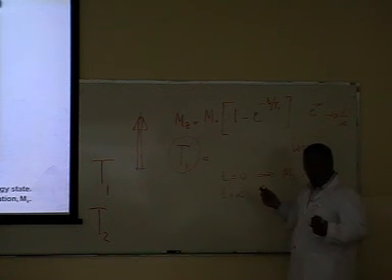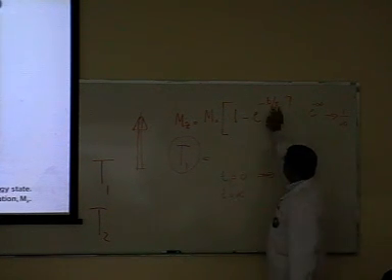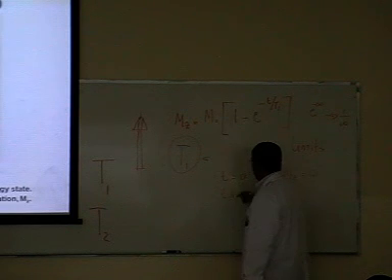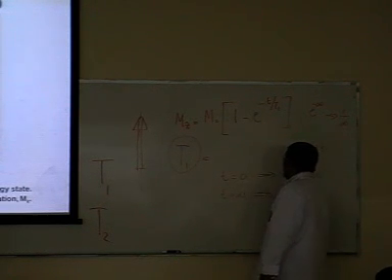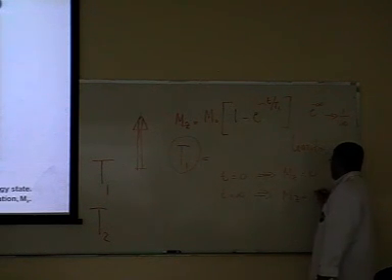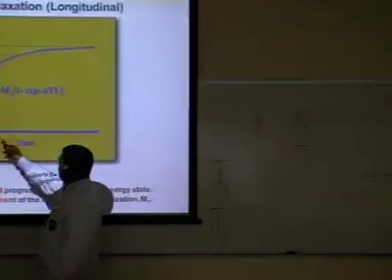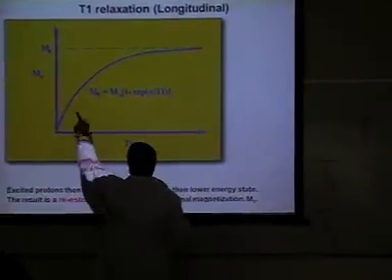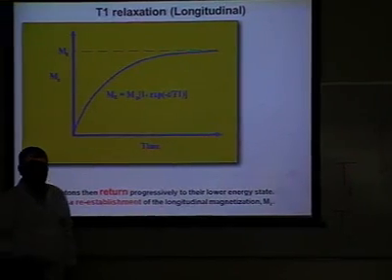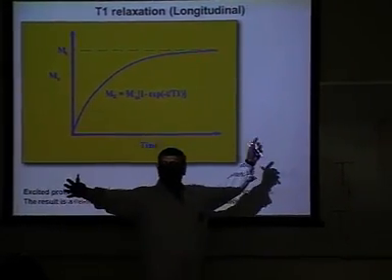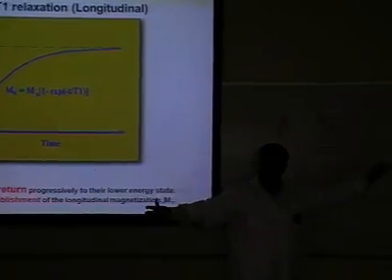Right? Okay? So that means this term is 0, and this gives me Mz is equal to M0. And that's what we have. If you go all the way to infinity, then you go back to M0. Okay? So these are the two extreme cases, 0 and infinity.